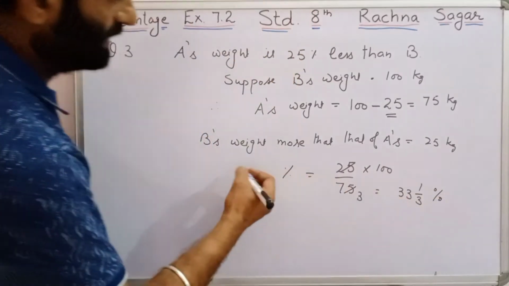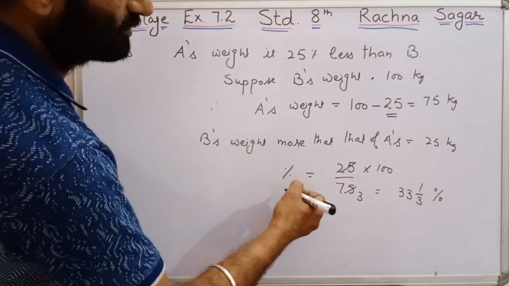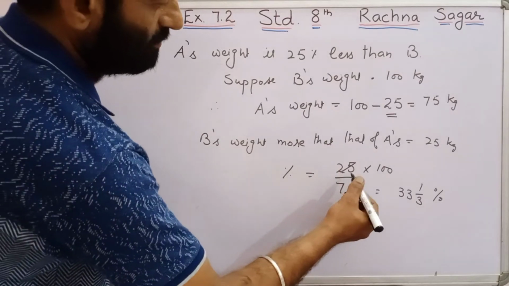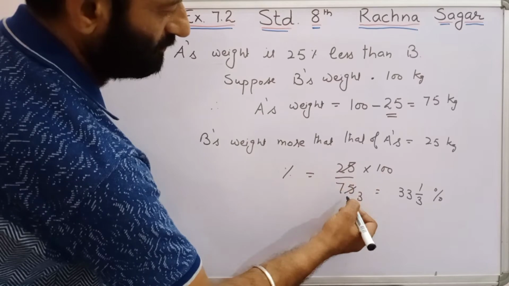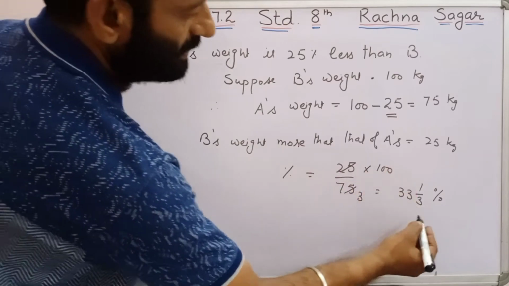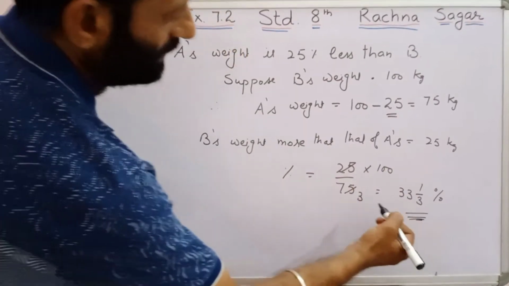Note down: percentage weight of B that is more than that of A is how much weight of B is more than that of A? It is 25 over weight of A, that is 75 multiplied by 100, it is 33 and 1 by 3%.